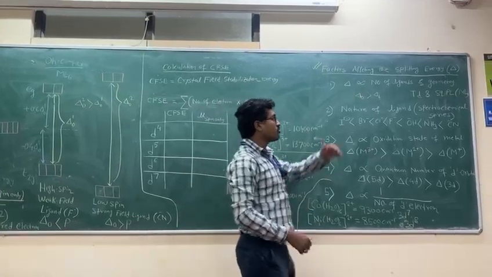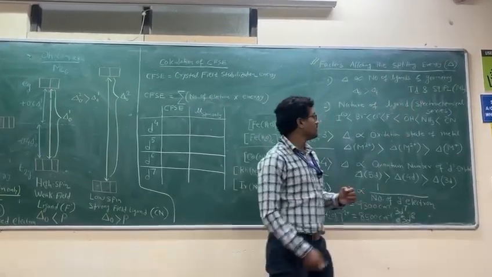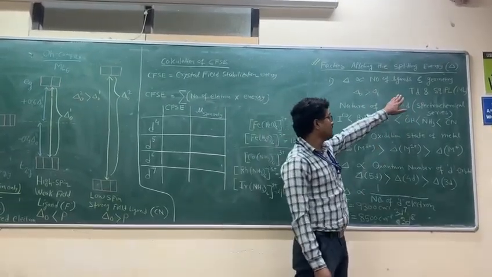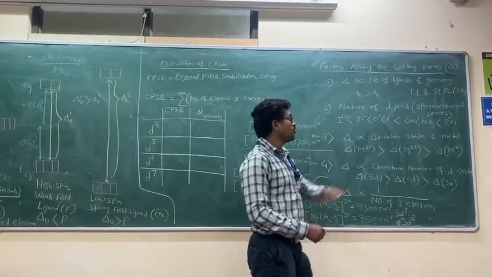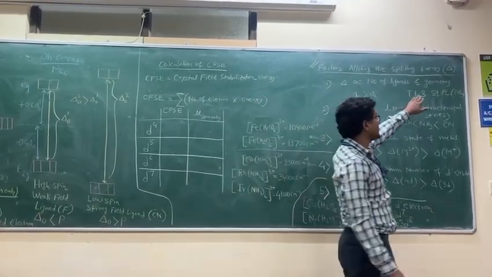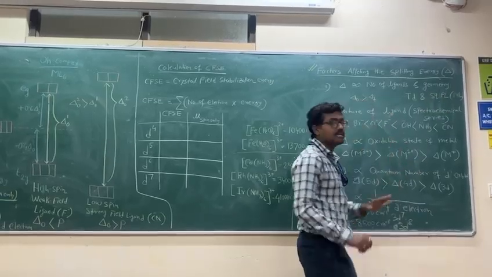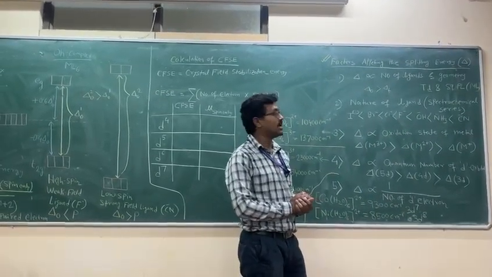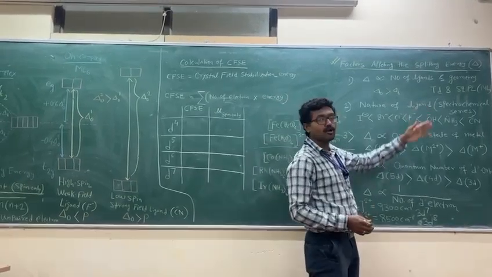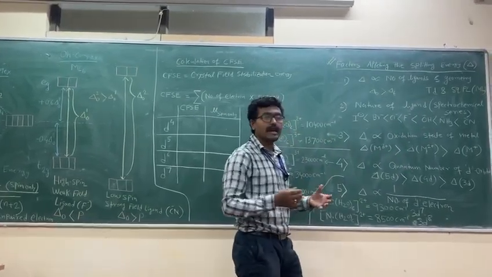Since square planar complex is not in your syllabus, I am not discussing it. But remember that the splitting energy also depends on geometry. In both cases there are 4 ligands, but in a square planar complex the splitting energy is high because all ligands are coming along the axis.